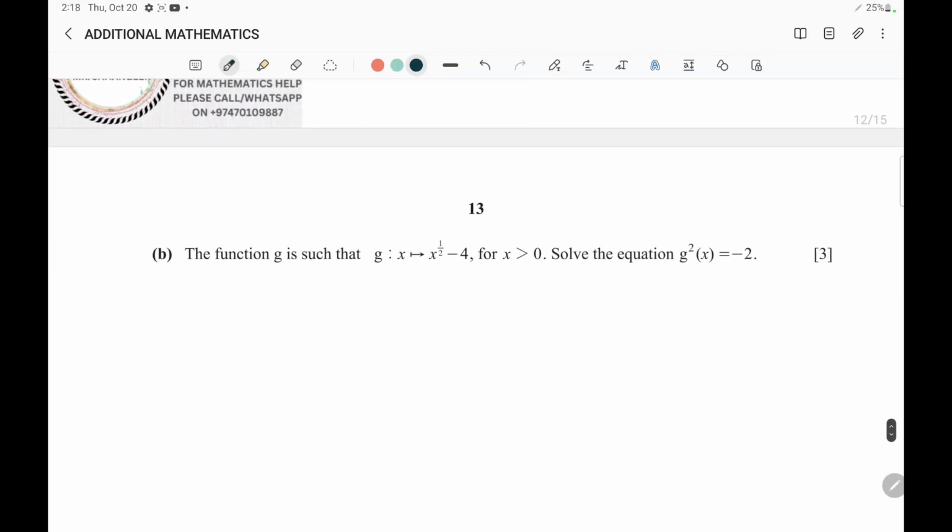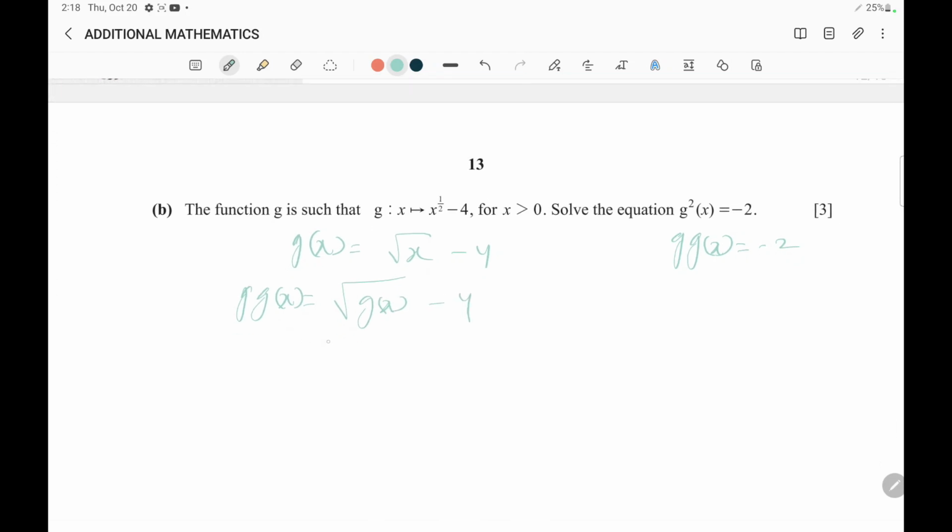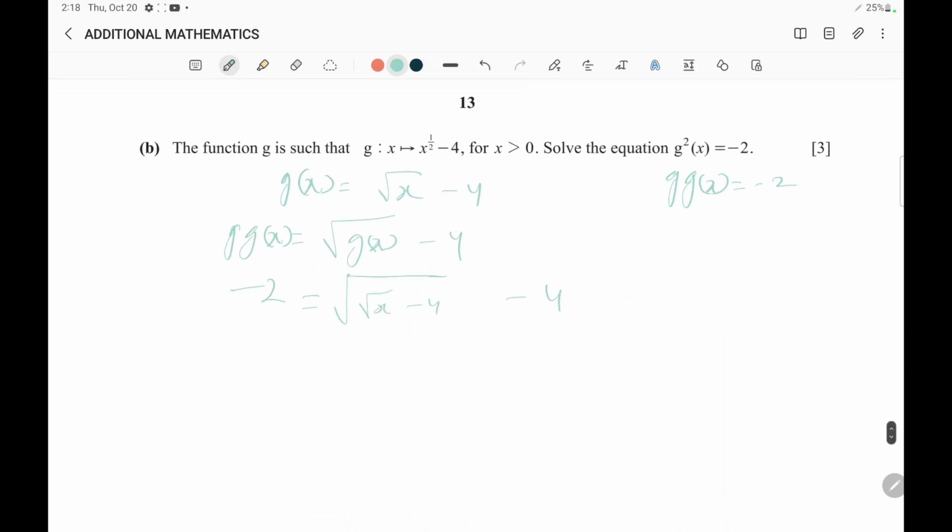The function g is such that solve g(g(x)) equals... Guys, this is not g squared, this is g of g(x), which is minus 2. So what is g(x)? We have g(x) as root x minus 4. So g(g(x)) is root of g(x) minus 4. And g(g(x)) is minus 2, and root of g(x) is root x minus 4, and this minus 4, right?